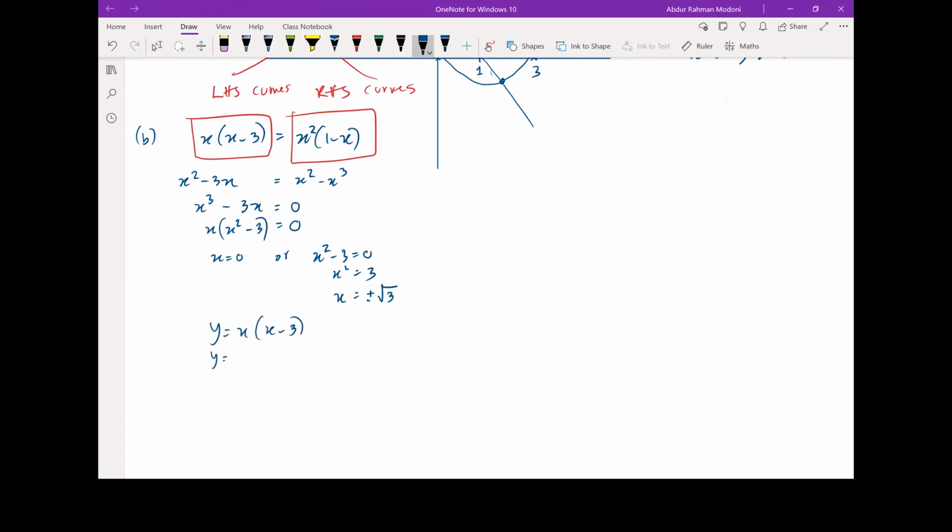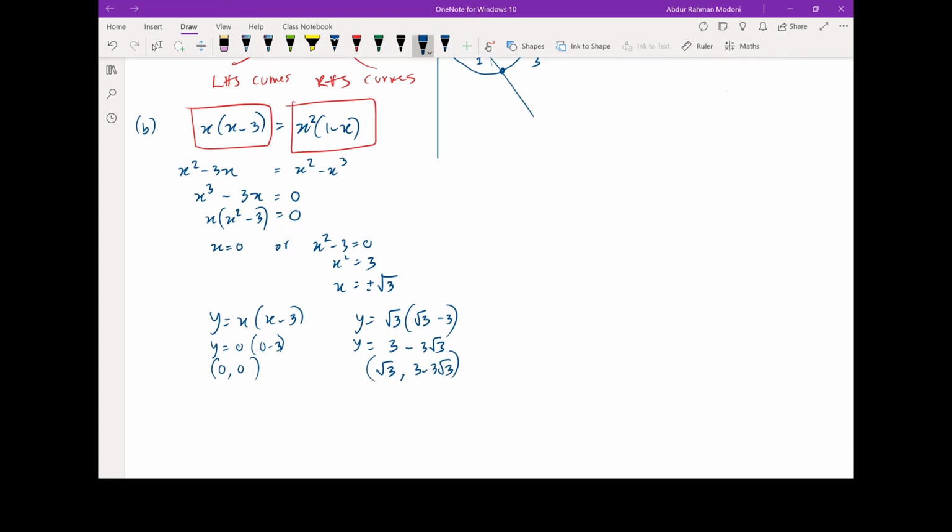Substitute 0 in there, so y is equal to 0 minus 3, so that gives us coordinate (0, -3). We'll substitute positive root 3 in there as well. y is equal to root 3 brackets root 3 minus 3, and that gives us 3 minus 3 root 3. So when x is equal to root 3, y is equal to 3 minus 3 root 3.